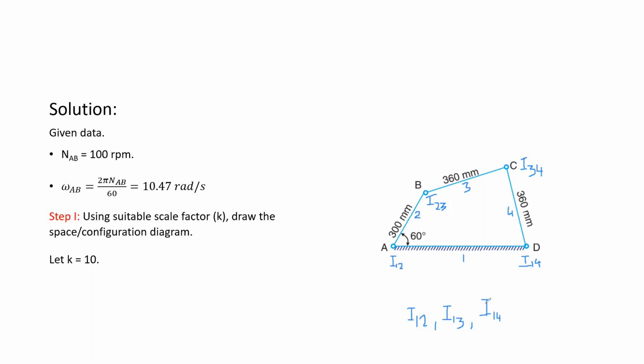You can take the meaning like that. You can see that I12 is known, I14 is known, but I13 is not known to us, and we have to locate it first in order to do the complete calculations. Otherwise, because of an unknown ICR, we may not be able to finish the calculations. So first of all we will find out I13.